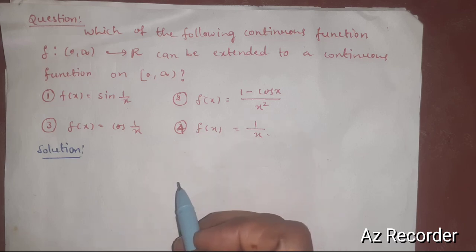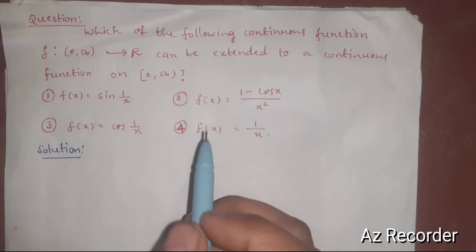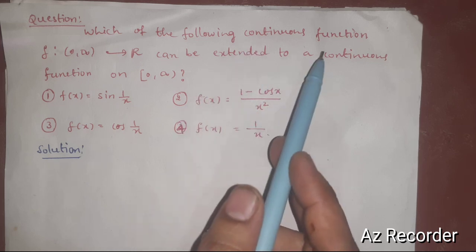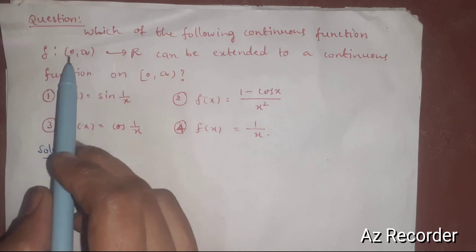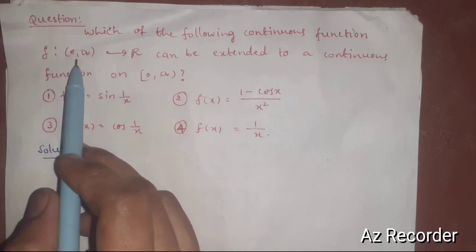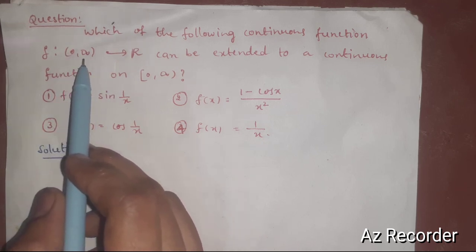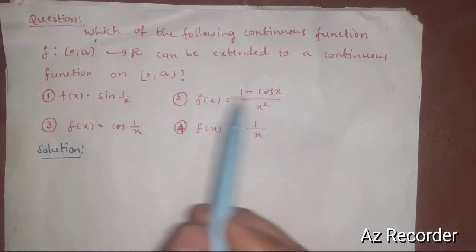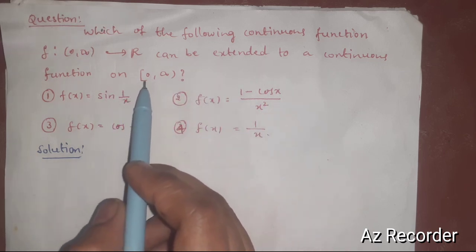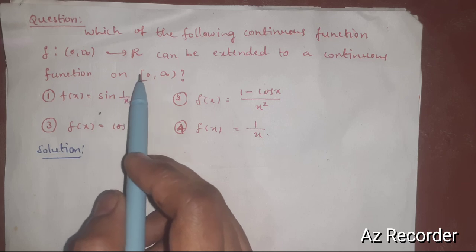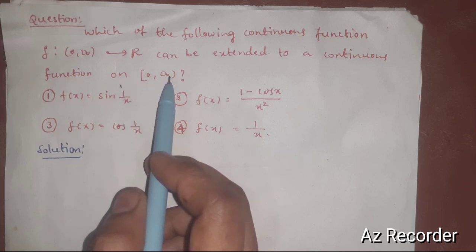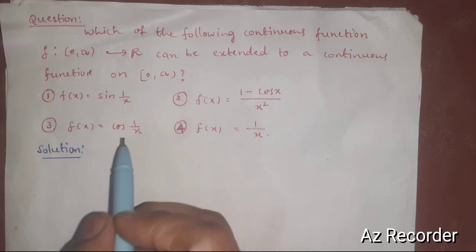So what is the requirement here? They have given that all these functions are continuous functions on the open interval 0 to infinity. So we have to extend that function to a continuous function on the half closed interval 0 to infinity.